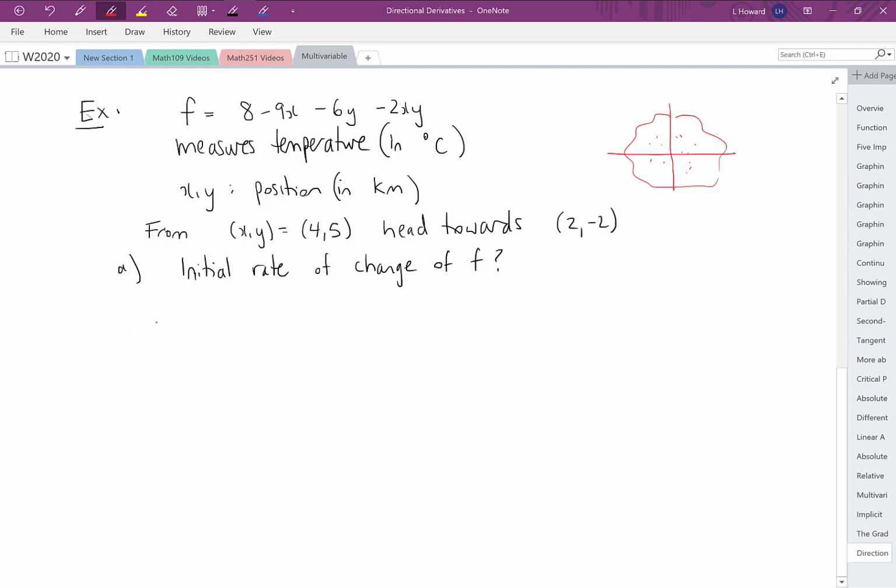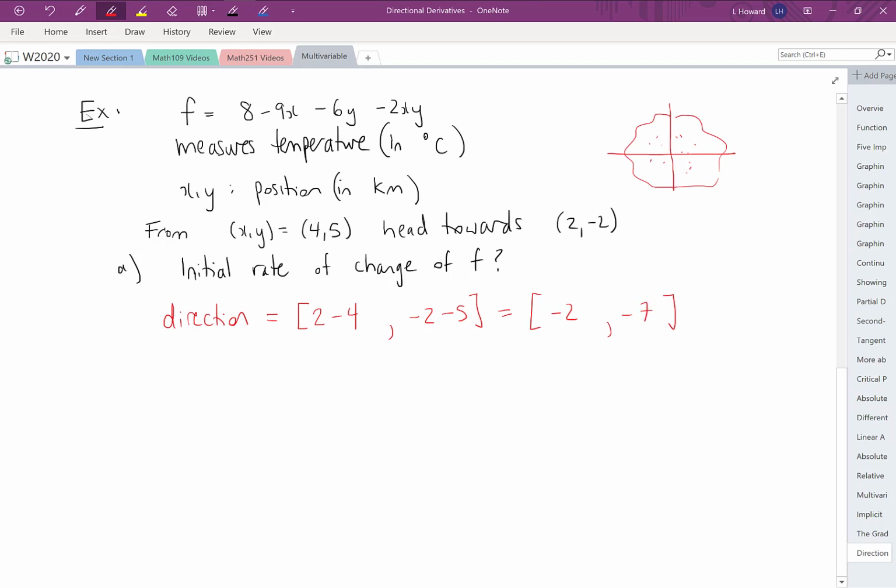All right, first thing we'll do, let's figure out our direction. When you're thinking about direction, think about the endpoint minus the starting point coordinates. So for the x coordinates, 2 minus 4, and for the y coordinates, -2 minus 5. That gives us a vector representing our direction, so that would be (-2, -7).